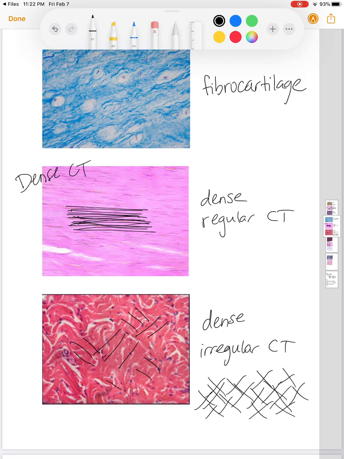They're more in a crisscross pattern. So that's going to provide a lot of strength in pretty much all directions of the tissue. And this tissue is found in the dermis of your skin, so underneath the epidermis. And it also helps make up some of your joint capsules in the body that surround the joint and help stabilize the joint. Okay.